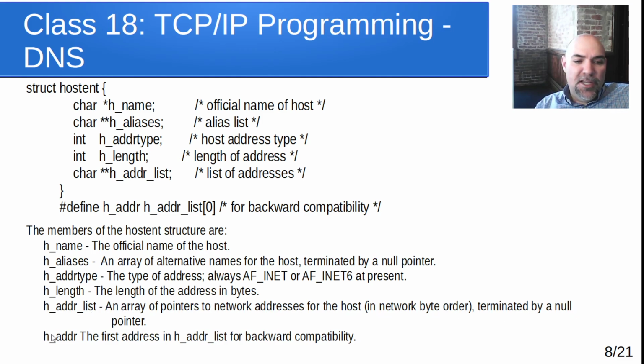And then this h_addr is the first address in that list. They added h_addr for backwards compatibility because there was a time when it didn't have a potential list of addresses. It only could have one. So you could just say h_addr, and it'll give you the first one in that list.